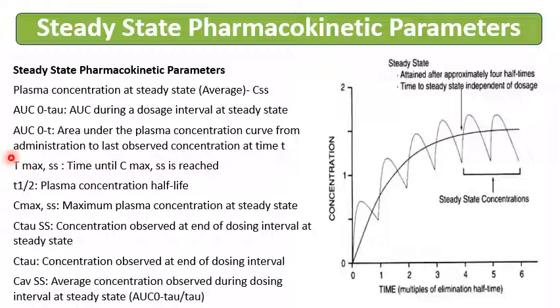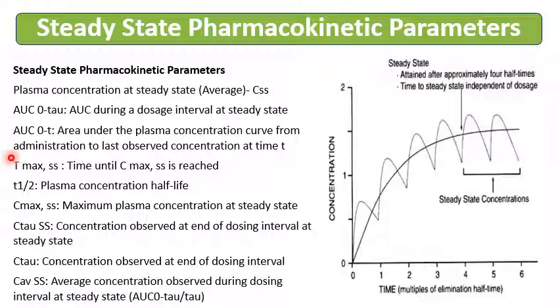Once you give the dose, you measure the AUC, Cmax and Tmax, and from that information you can understand the pharmacokinetics of the drug. But in steady state, the terms are a little bit different. The basics are the same, but the terms are a little bit different.